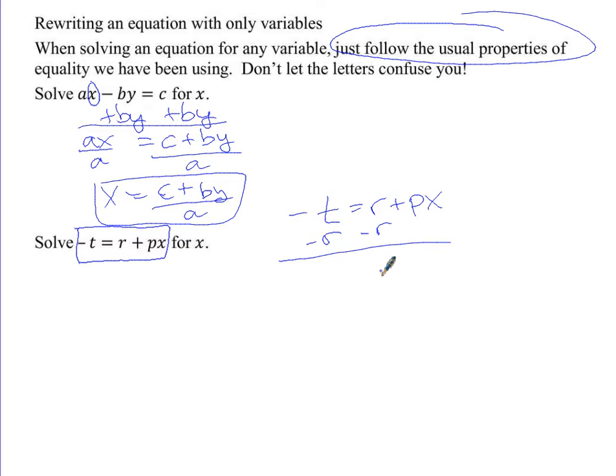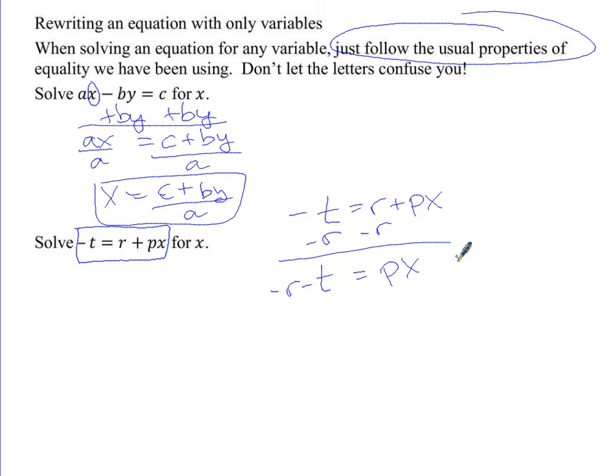Over here, we have a negative r minus t, or a negative t minus r. Doesn't matter what order you write it in. I'm going to go ahead and write it in what I think is probably alphabetical order, so I think I'll put the r first. So I have negative r minus t equals px.